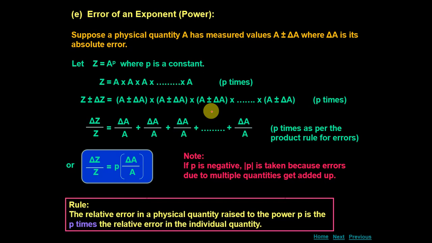The relative error in a physical quantity raised to the power p is p times the relative error in the individual physical quantity. All these rules would be very helpful in solving questions about what error is introduced in the final result when we are doing calculations with physical quantities having errors.